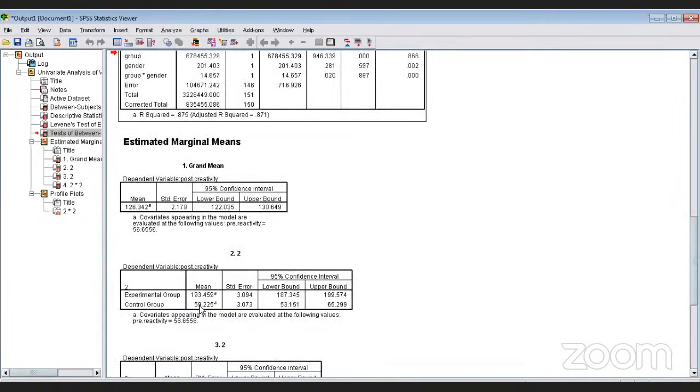Now this is the adjusted mean score because here it is written A. And the adjusted mean score for experimental group is 193.459.